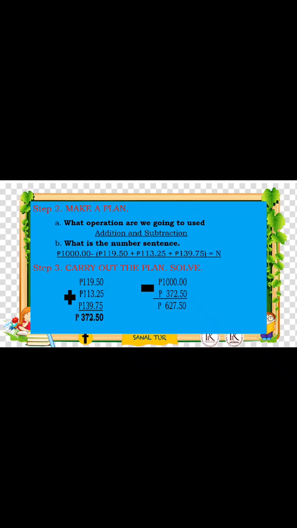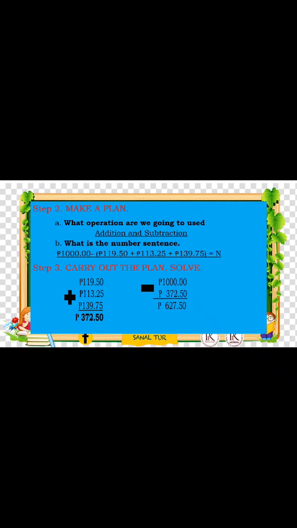Okay, we are going to think what operation we are going to use. In our problem, it was mentioned that mother bought 3 items. That is the amount of the alcohol, the face mask, and the face shield. So what are we going to do with the amount? We are going to add.